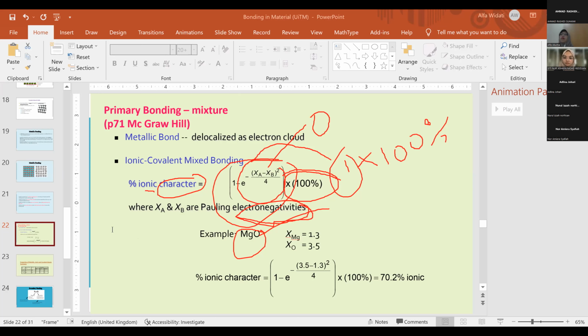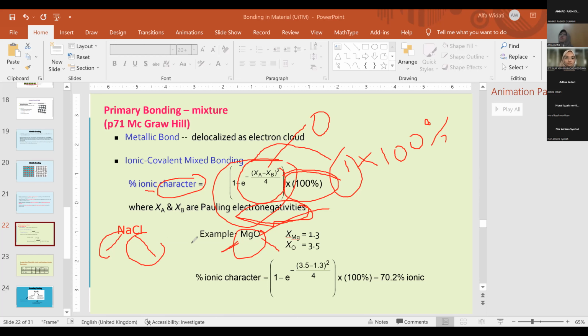Although we have sodium and chloride, this is group number 1, this is group number 7. This one easily loses an electron, this one easily gains an electron. Compared with magnesium oxide, magnesium has to lose 2 electrons, and oxygen has to gain 2 electrons.